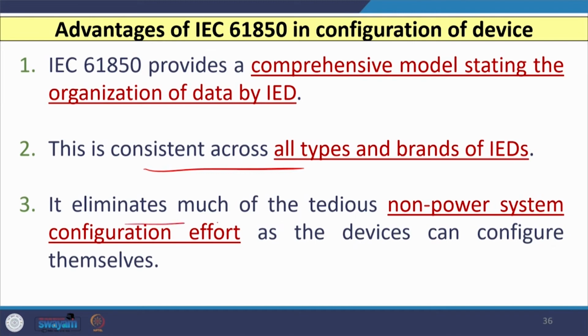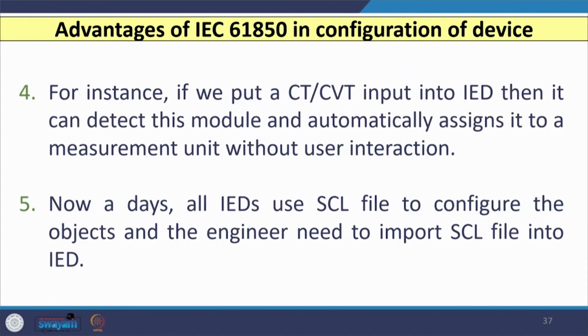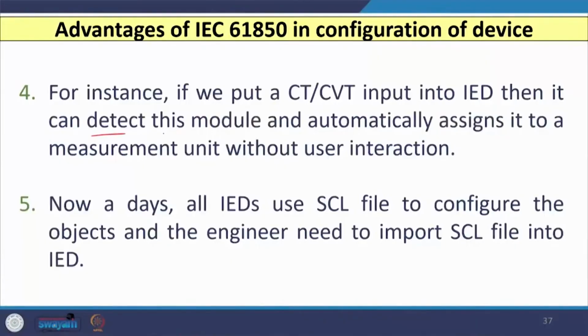This also eliminates much of the tedious non-power system configuration effort, as the devices can configure themselves. For example, if we put a CT or CVT input to the IED, then we have to connect it, and it can detect this module and automatically assign it to a measurement unit without any user interaction.